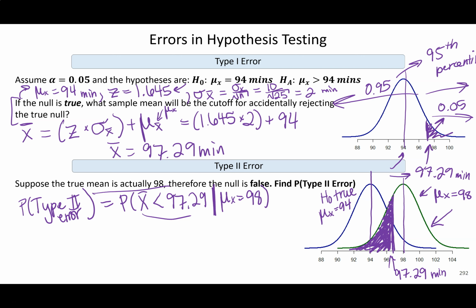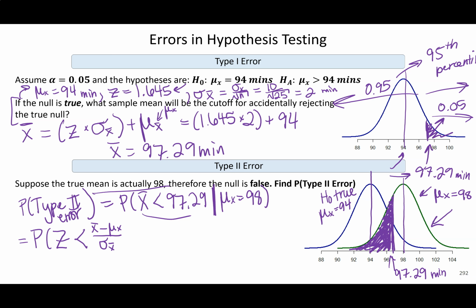So we're looking at this is equal to probability that z is less than x bar minus mu, which is 98 now, over sigma of x bar.